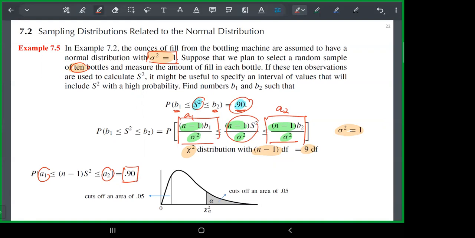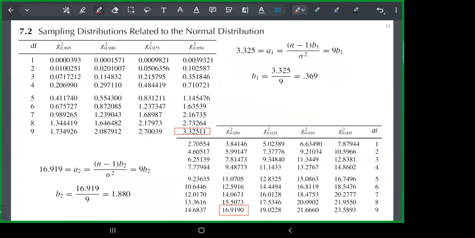When I say split half-half, I want the interval above and below, so I can split 0.05 to the upper side and another 0.05 to the left side. That means I have two cutoffs over here, and those are the two values I want to figure out. That will give me A1 and A2. Now you can look it up in the table.